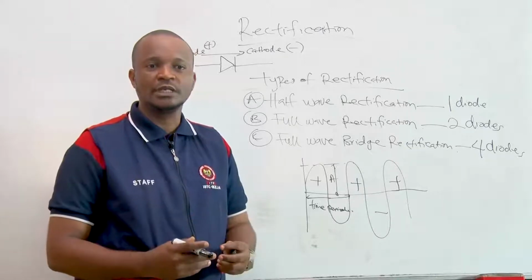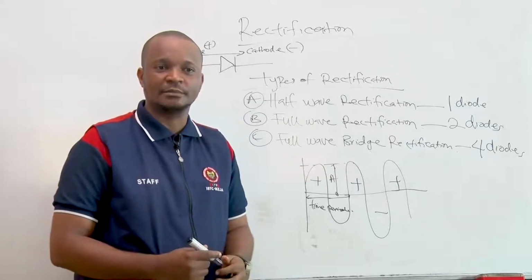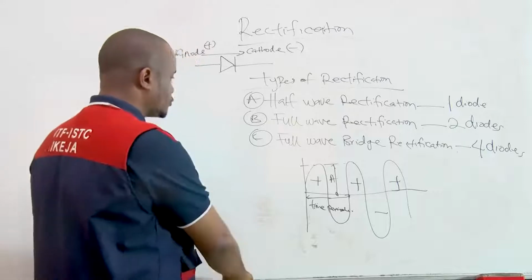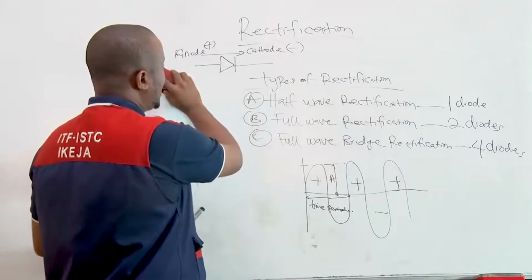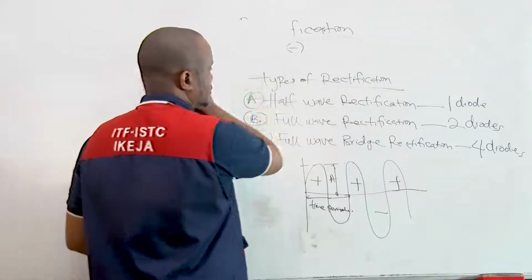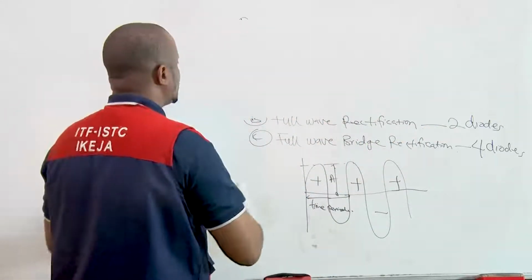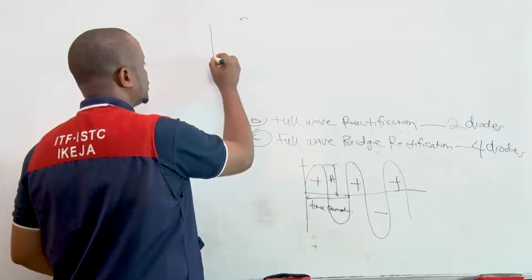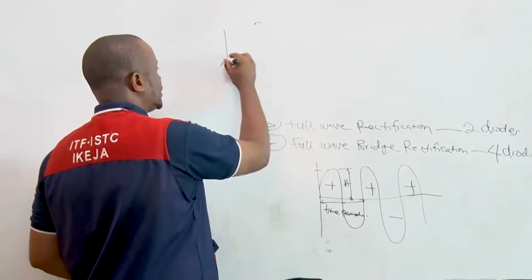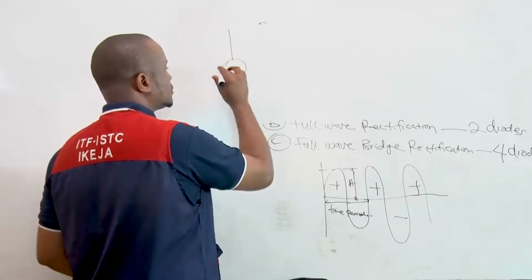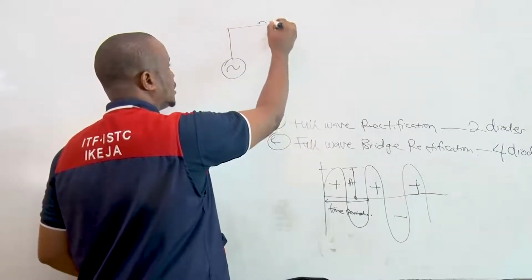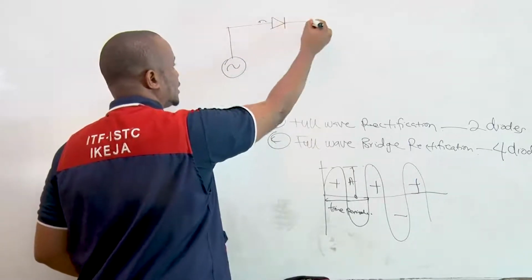Now we are going to be looking at the circuit diagram. How do we construct the half-wave rectification? We have said that the half-wave rectification makes use of 1 diode. So we have a voltage source, which can be what? A transformer.